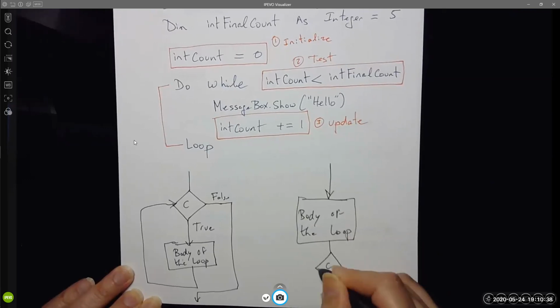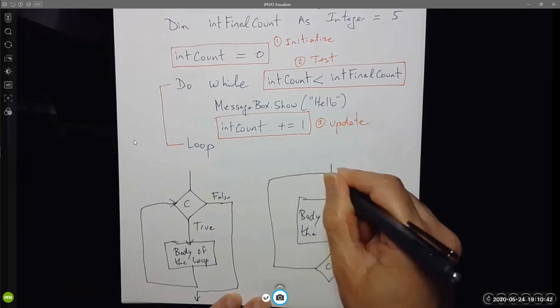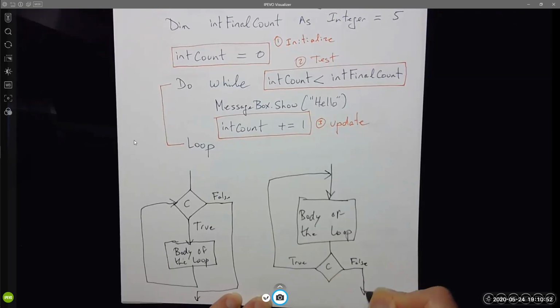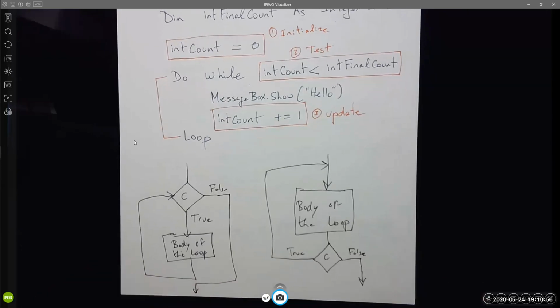And if the condition is true, you repeat the body of the loop again. If the condition is false, you exit the loop, right? So the difference between the two, basically they are almost the same.